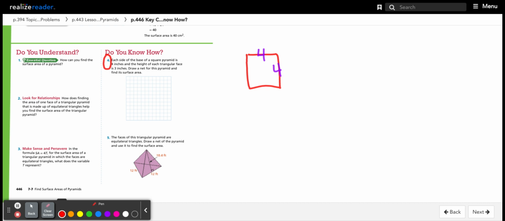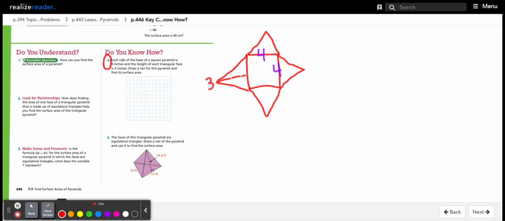Then it says the height of each triangular face is 3 inches. So I'm also going to have to make triangles. How many triangles will I have on this square pyramid? I will have 4 triangles with a height of 3.